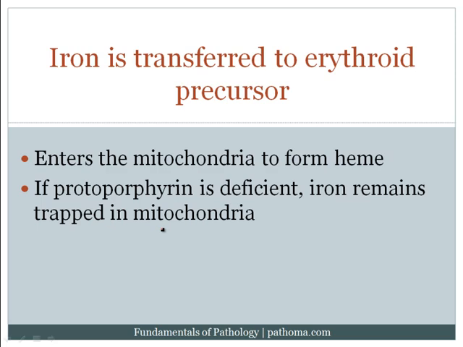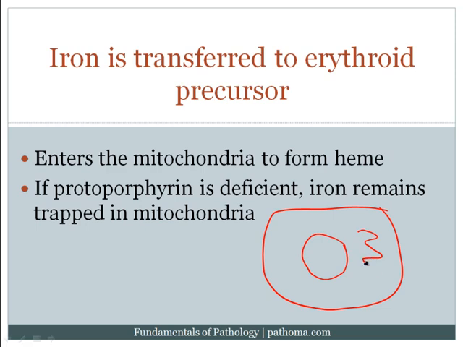So here's the idea. You've got this erythroblast, and here's the nucleus of the erythroblast. And adjacent to the nucleus is usually where the mitochondria sit. And so what's happening in the erythroblast is that protoporphyrin is being prepared, and the final reaction that generates protoporphyrin occurs within the mitochondria here. So protoporphyrin is produced in the mitochondria.